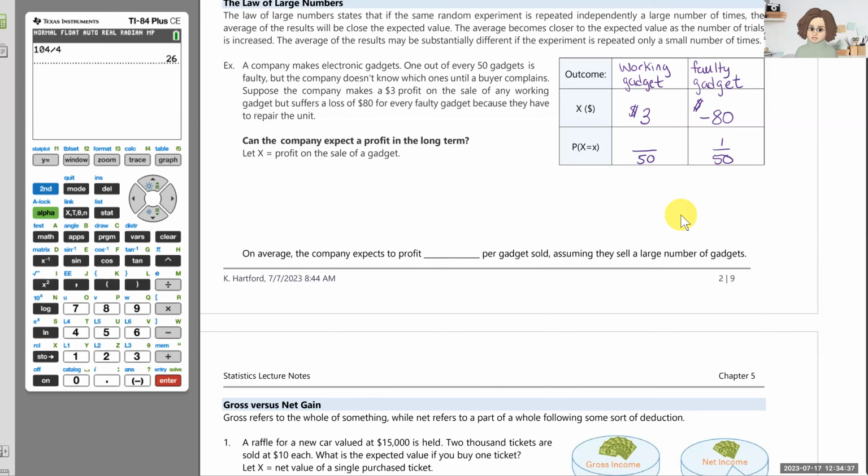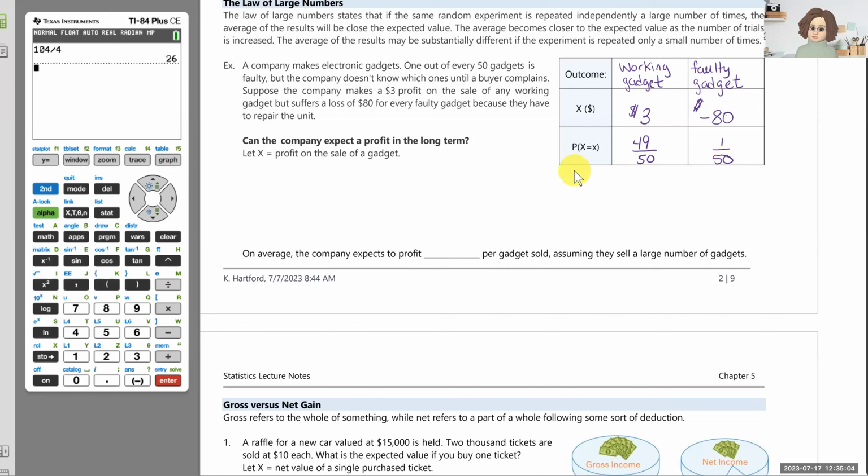Well, if 1 is bad, the other 49 would be good. So this is our rule of complements. The 1 is the bad one, the remaining would be good. So if we add our probabilities again, we would definitely get 1. So 49 plus 1 would be all 50 of them out of the 50.